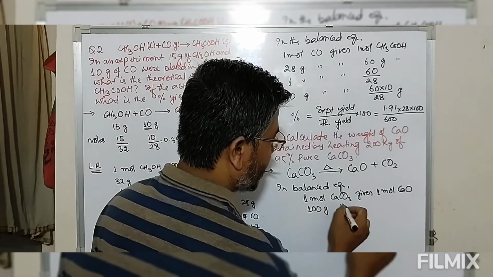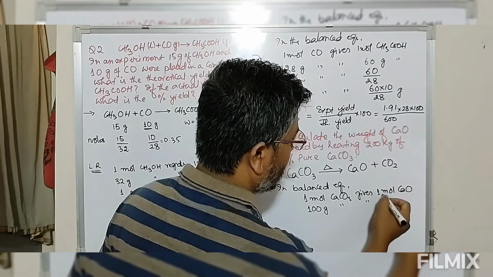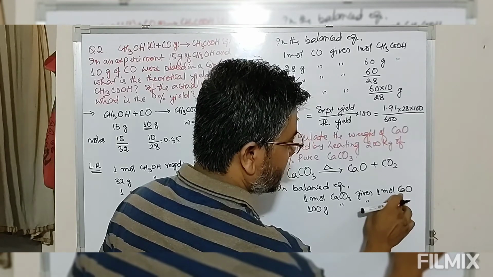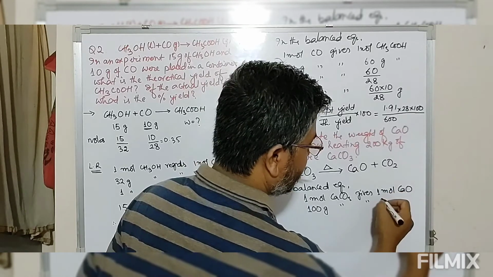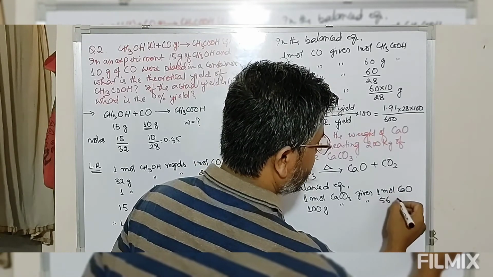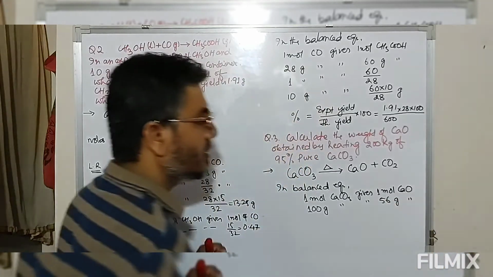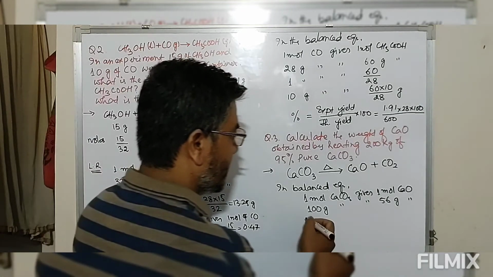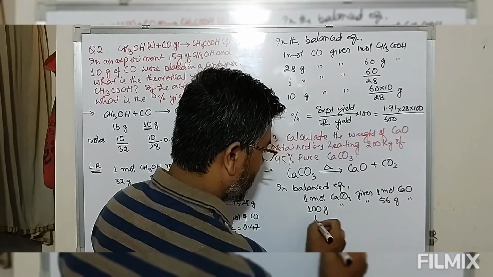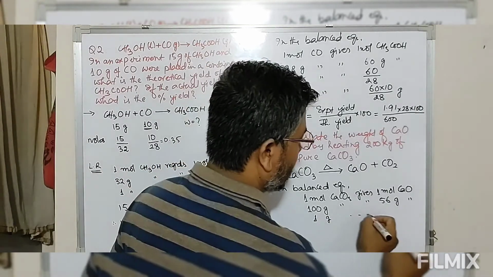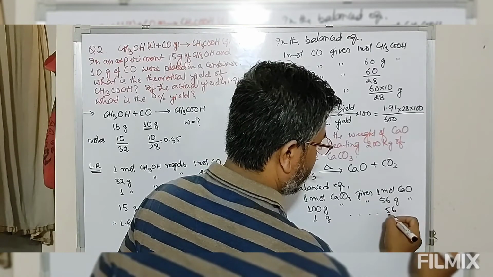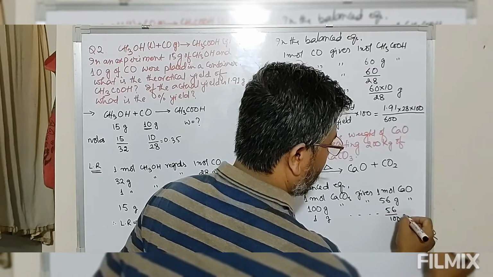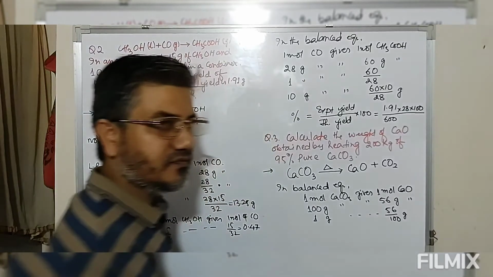So 100 gram of calcium carbonate will give you 56 gram of calcium oxide, where the molecular mass is 40 plus 16, 56. So if 100 gram gives this, then 1 gram will give you 56 by 100 gram.